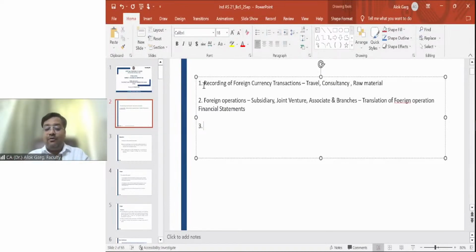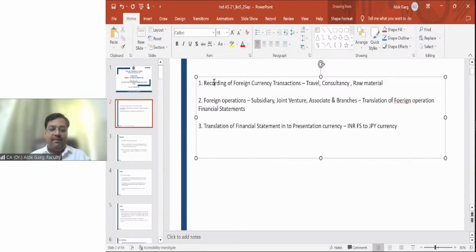So now the question arises how to translate the functional currency, or let's say the financial statement, into the presentation currency, right? For example, an INR financial statement to Japanese yen currency. Okay.